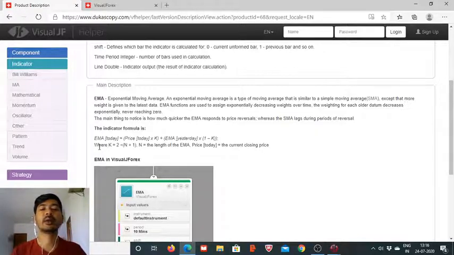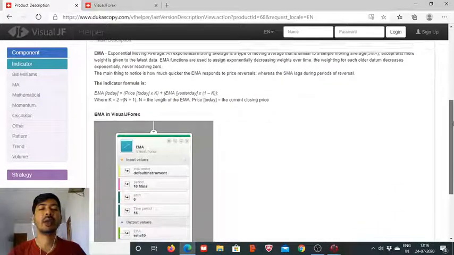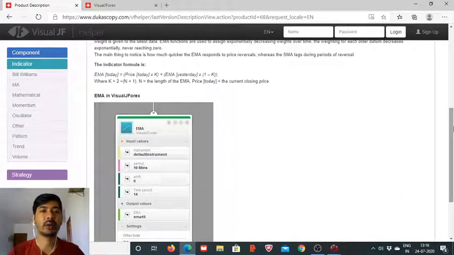This is the calculation for k: to derive k, you divide 2 by n plus 1, where n stands for the length of the EMA. Suppose the length of the EMA is x, then we take x plus 1 and divide 2 by x plus 1.